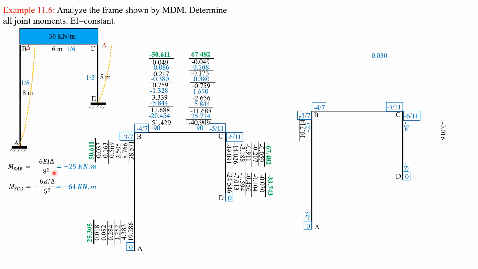So again, the technique is I multiplied this value by the LCD of these denominators. So we get negative 25 and negative 64. So I then apply it here. So we have negative 25 on AB, both ends.